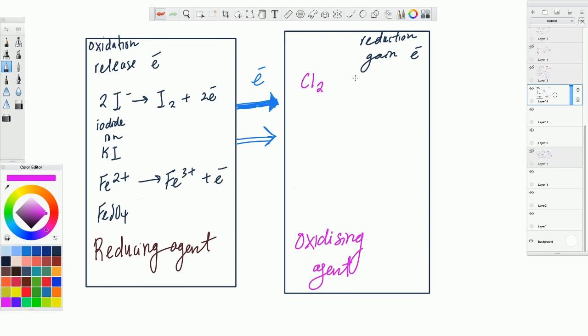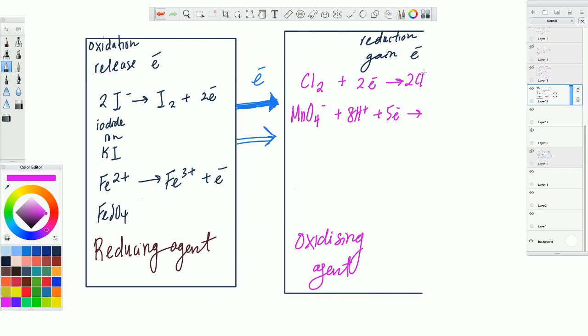We have some chemicals that love to receive electrons. Example, chlorine. Chlorine water receives electron to become chloride. Okay? Acidified potassium manganate 7. Okay, it loves to receive electron.